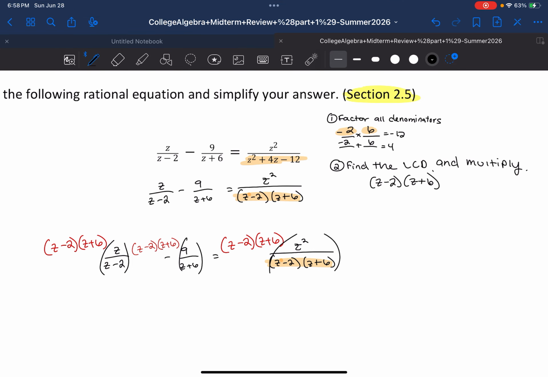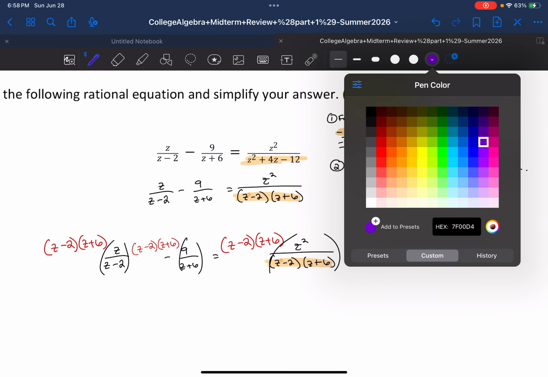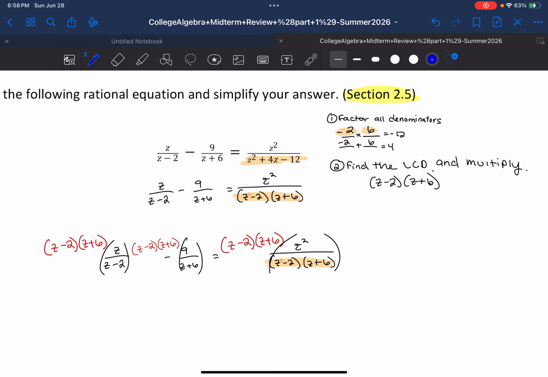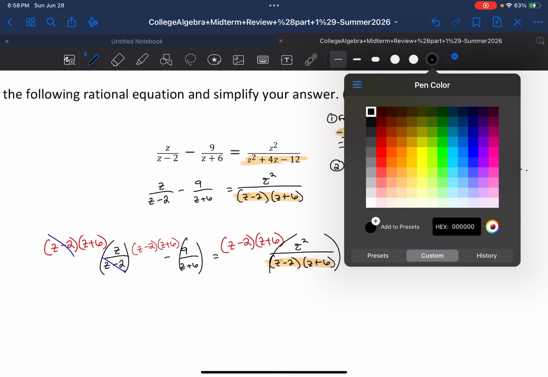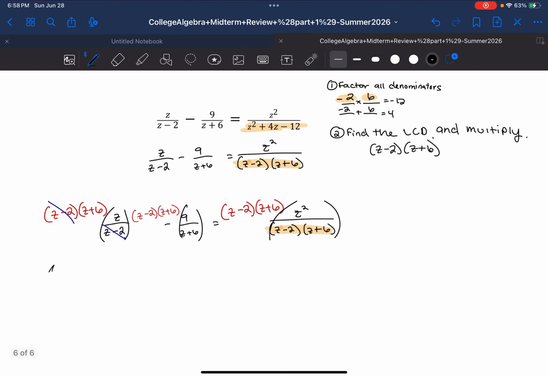Okay, and then we're going to do that division thing also. That's what you always do after this point. So if it can divide, you divide it and see what's left. So the z minus 2 will divide into that z minus 2, and that will leave me with the z plus 6 times the numerator of z.